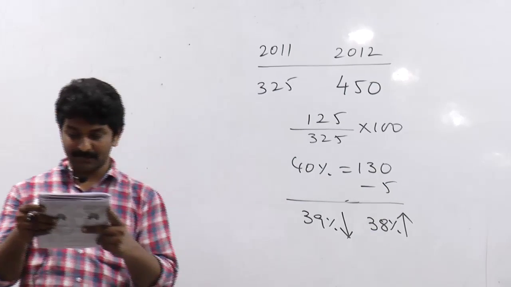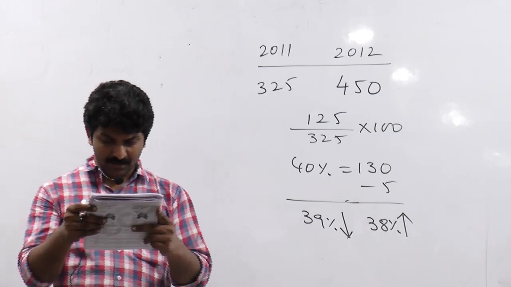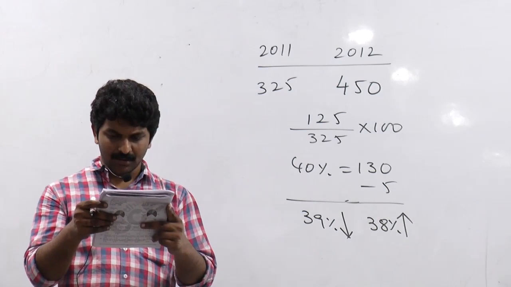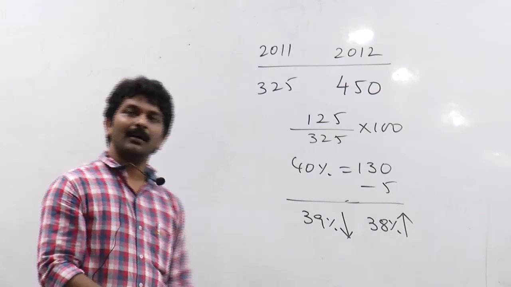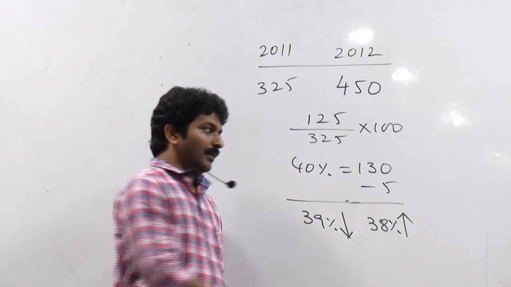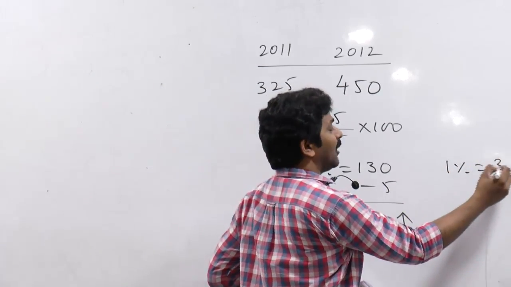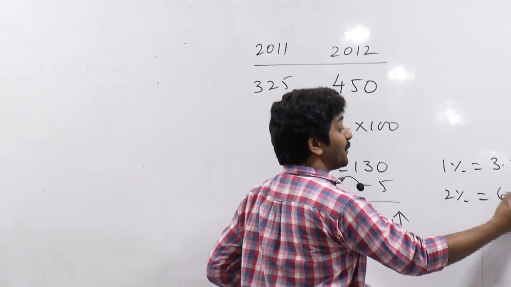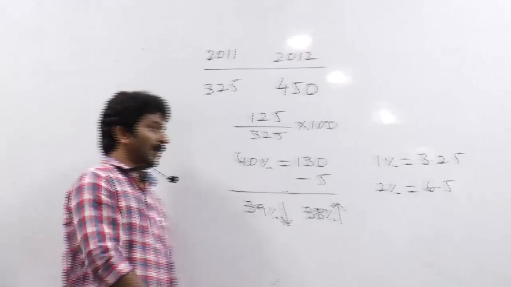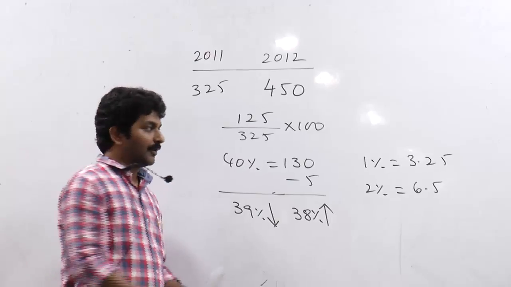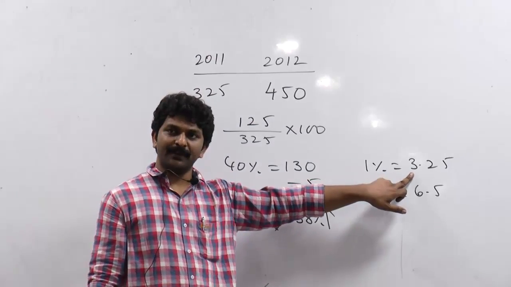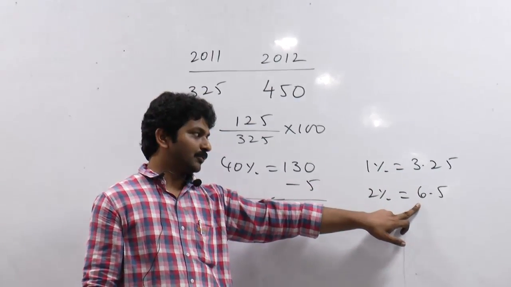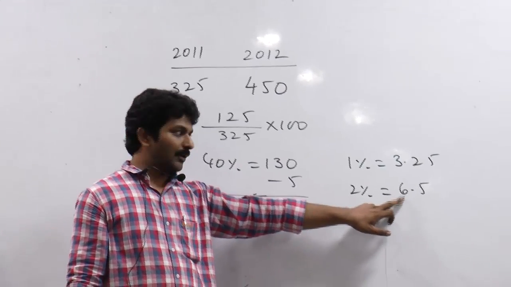How many options are there? Two are there. Again, what is 1%? Denominator 3.25. What about 2%? 6.5. How much do you need to subtract? Which is far more than 3.25 but very close to 6.5.